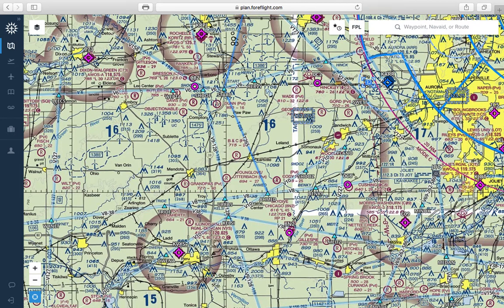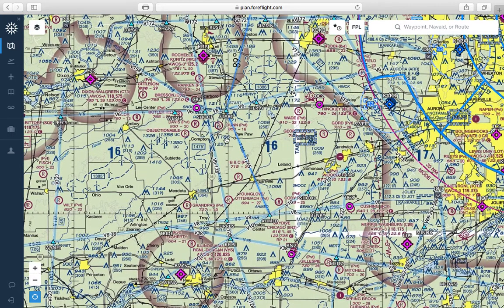And now when it comes to nighttime, it gets back to the 3152 rule. So it'll be 3 statute mile visibility, 1,000 feet above, 500 below, and 2,000 horizontally. So that is your Gulf airspace.